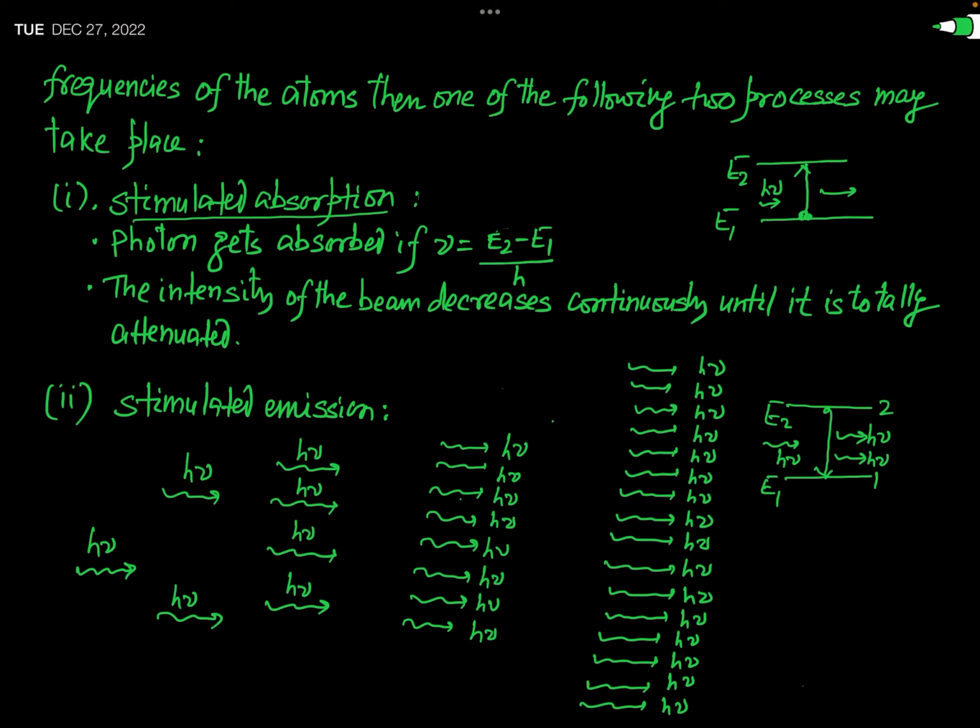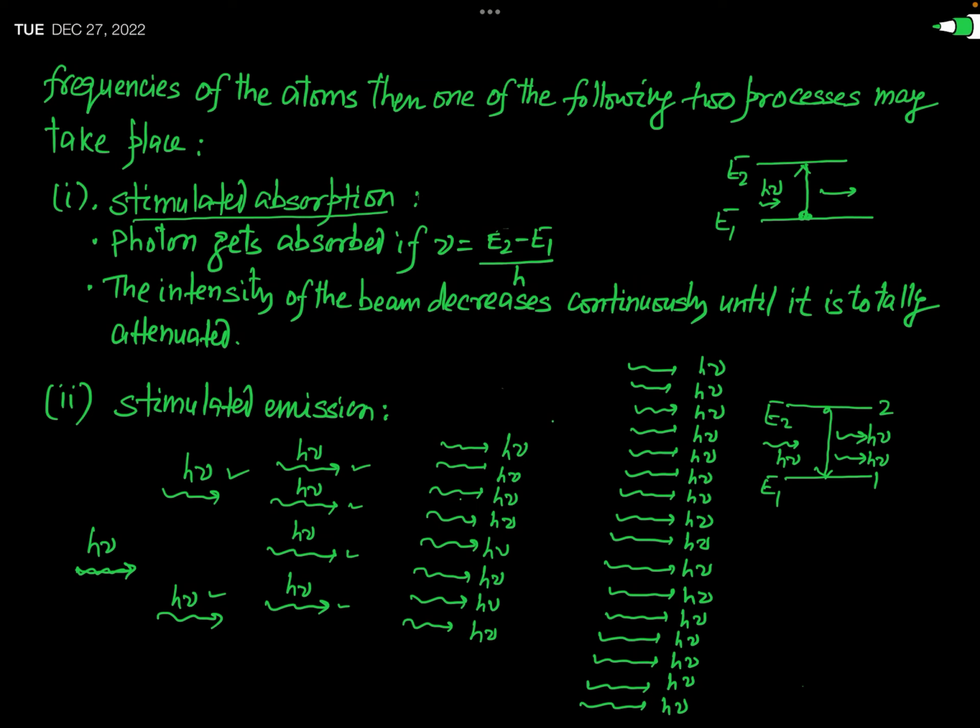You can see this figure. By the interaction of this single photon, we get 2 photons. I have marked it here. And due to the stimulation of these 2 photons, 2 extra fresh photons are produced, and all these 4 photons have the same energy, same direction of motion, and same state of polarization.